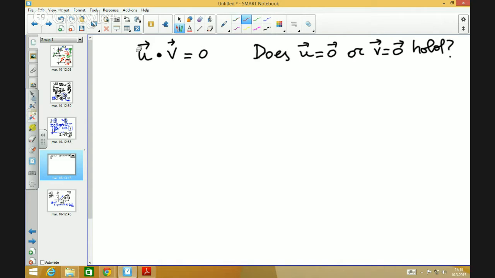One of your colleagues is saying no. And he's right. Can you give me an example of two vectors which are not 0, but their dot product is 0?